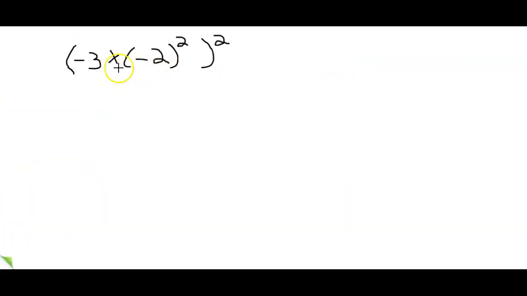So we have to expand. The way we have to work this out, we have to expand first, then simplify. So let's expand. I'll use a different color ink for the visual learners. So we have negative 3 times negative 2 times negative 2.